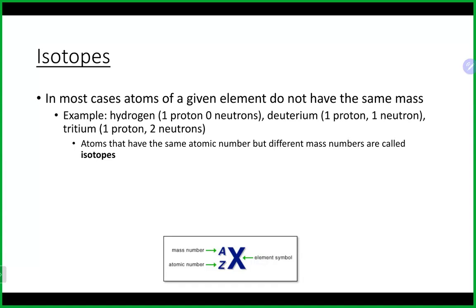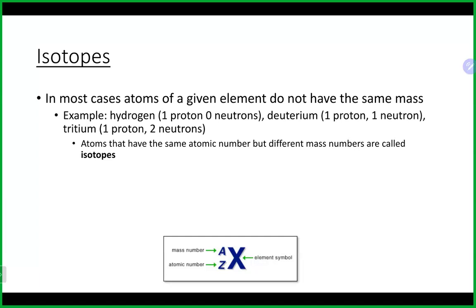The reason for that is, again, neutrons are the heaviest of those particles. Electrons are not that big of a mass. So it is actually the difference in the number of neutrons that gives these atoms their different masses. So isotopes are the same element, but have different masses because they have different numbers of neutrons.